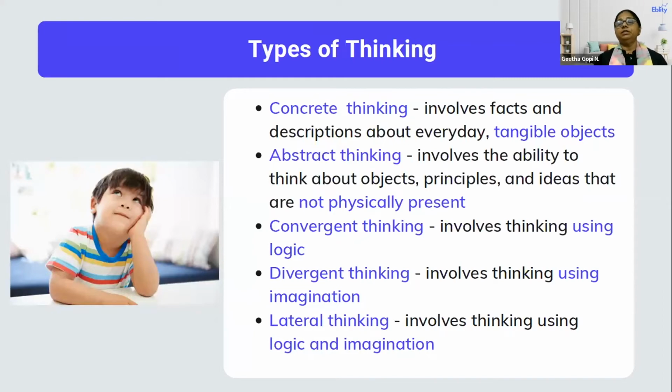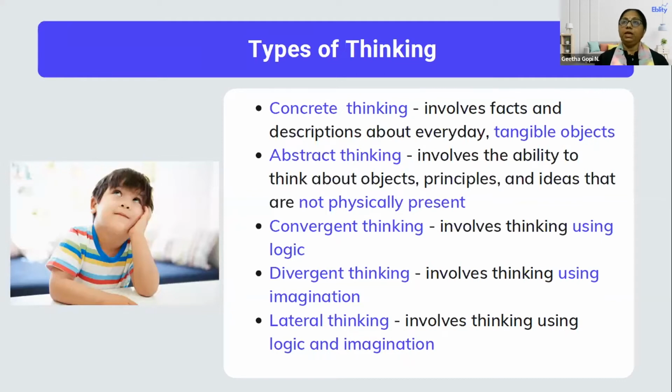Abstract level thinking is about thinking about objects, facts, information which are not physically present. They are not tangible at that moment for us to feel. It may have been an earlier experience, or something we are visualizing or imagining, or we've just learned it from the different experiences we have had in the environment.